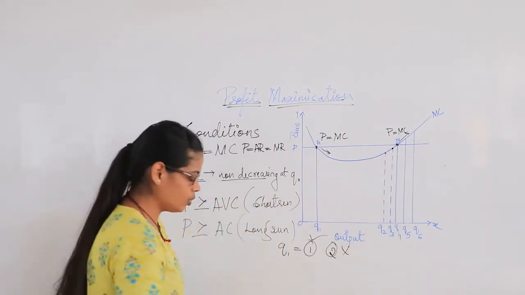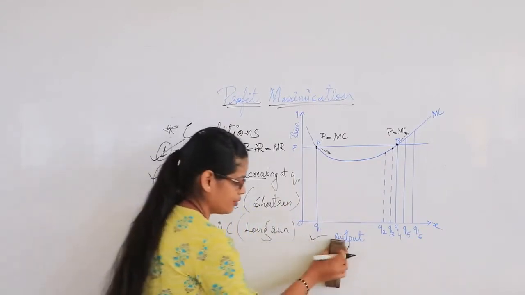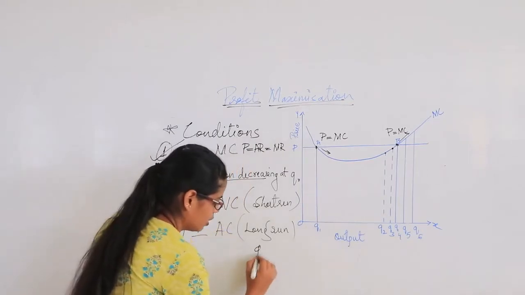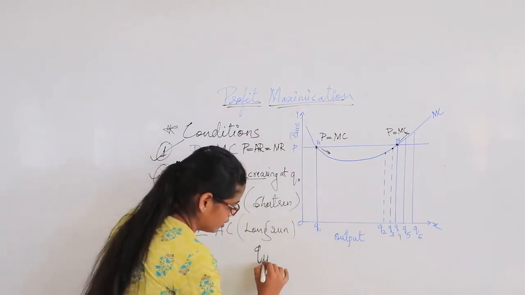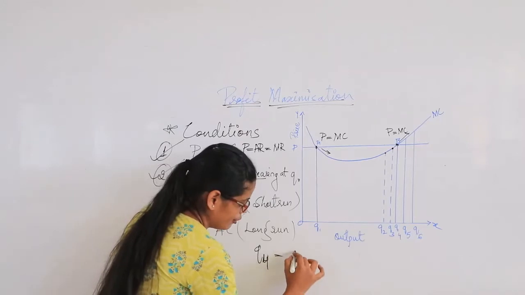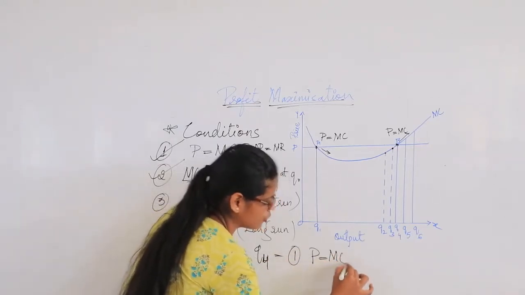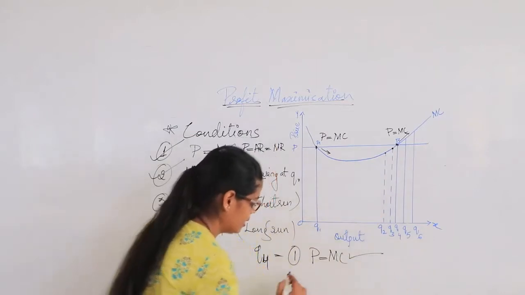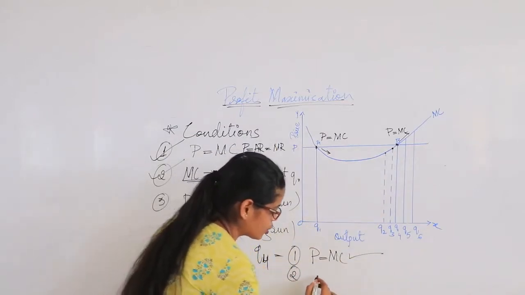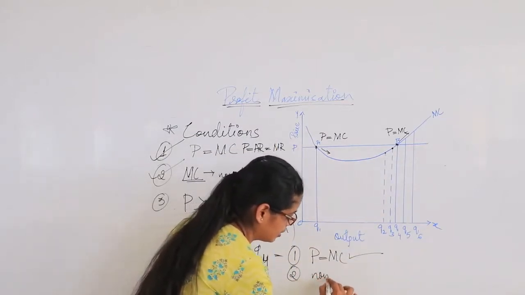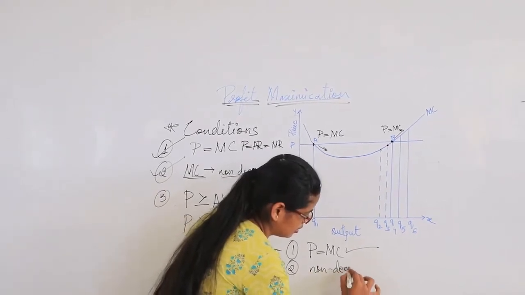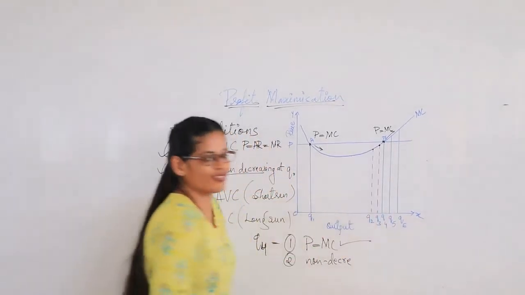So that shows that the second condition has been satisfied here. If we are talking about the Q4 point, the first condition, price is equal to MC, is satisfied, right? The second condition, that it should be non-decreasing, is also satisfied.